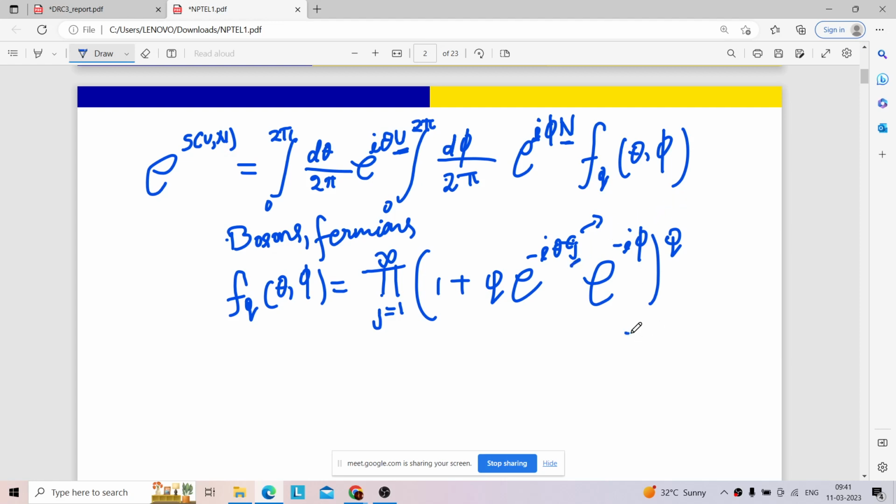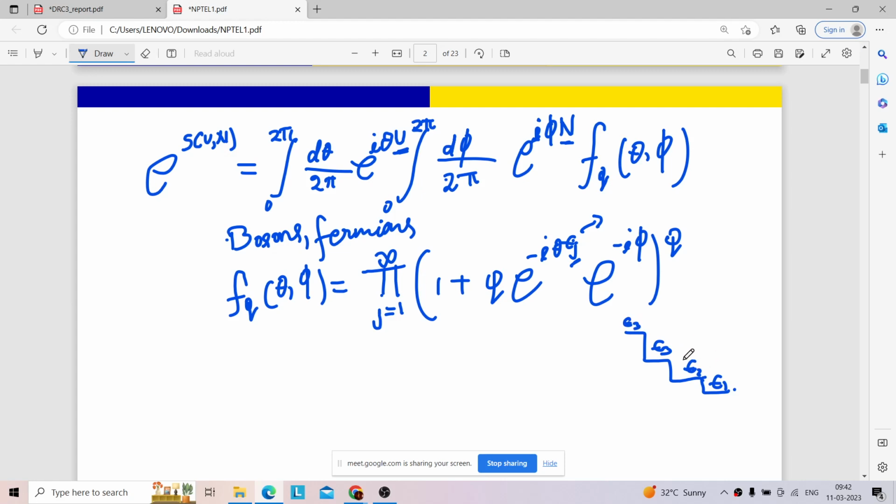If you consider a staircase, then we can generally take the energy levels equidistant, or we can take that each energy step has a different energy, epsilon 1, epsilon 2, epsilon 3, something like that.